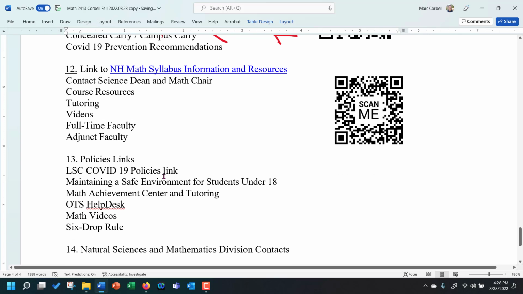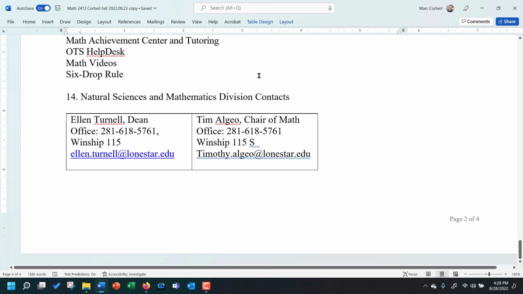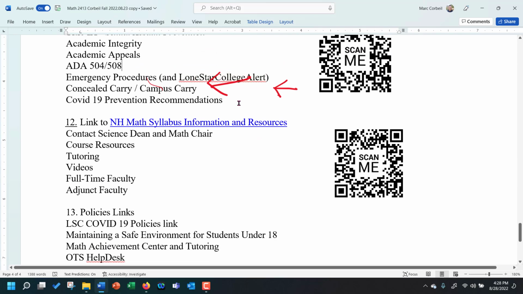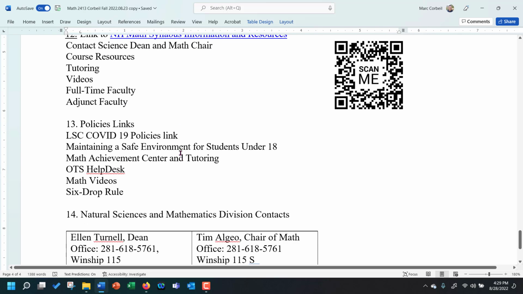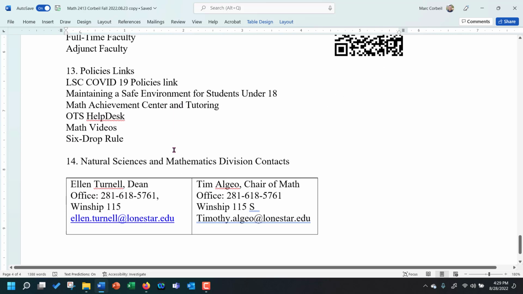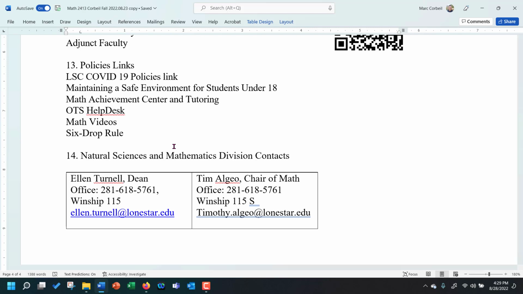Contact for the science dean and math is at this link for North Harris, but I've already added it to the syllabus on the bottom, so that's there. Course resources, tutoring, videos. Any contacts for full-time faculty and adjunct faculty are there. You'll see a few things that are changing this semester. I am the former chair of math, so you may see my name under the chair's description in some of the pages and some not.